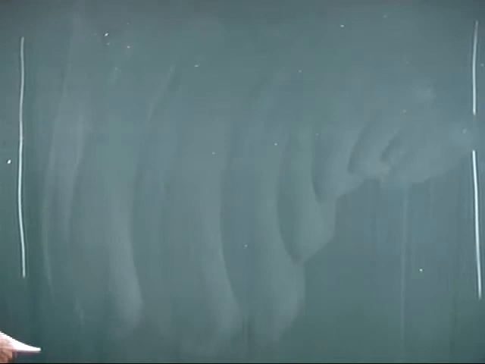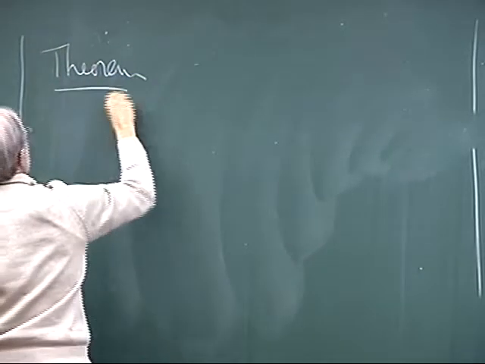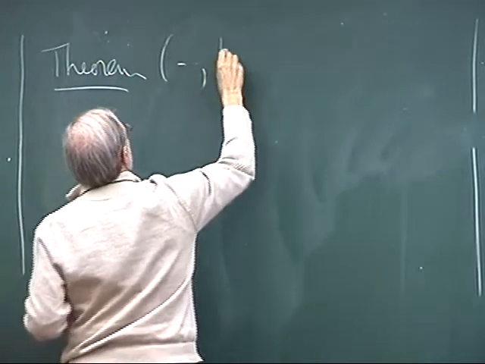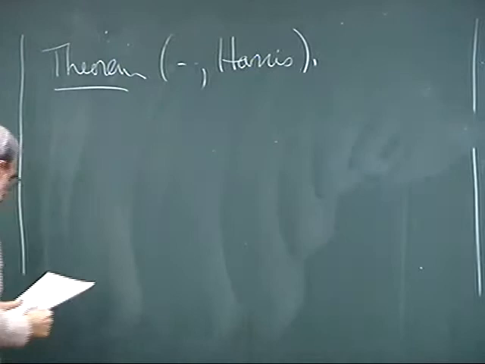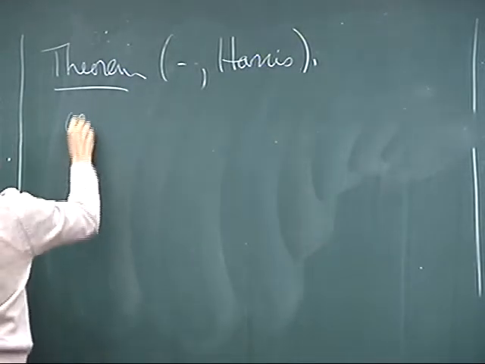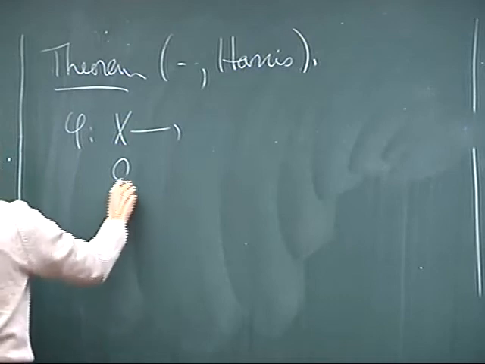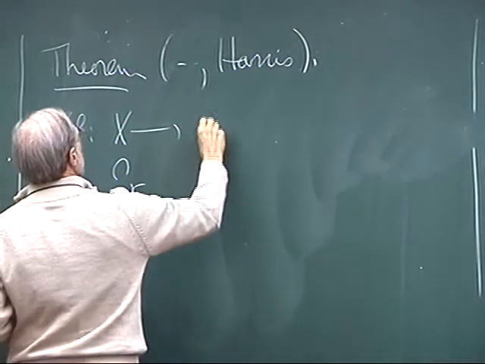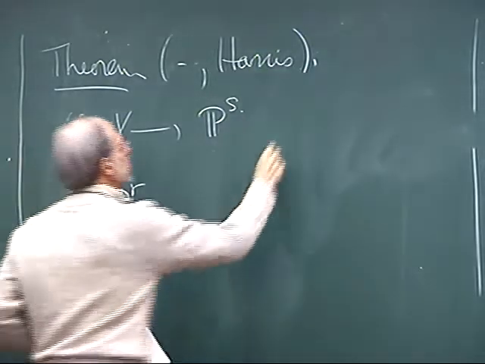So again, I'm in the situation, this is a theorem from a recent paper with Joe Harris, that I have phi from X, where X is embedded in P^r, and I'm mapping it to some P^s, a finite morphism.